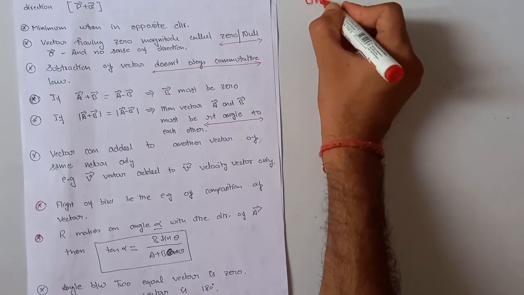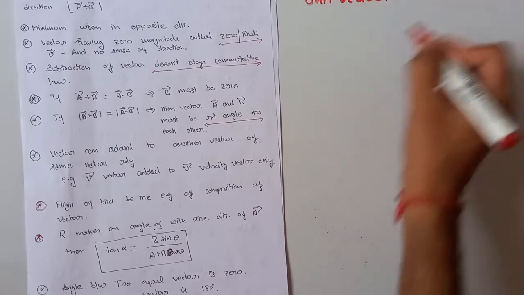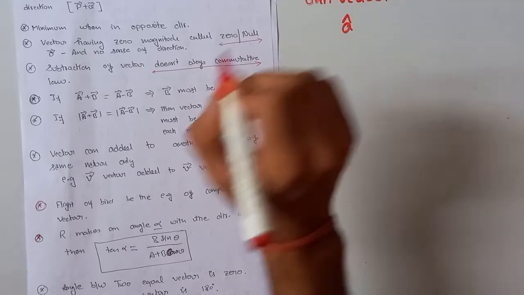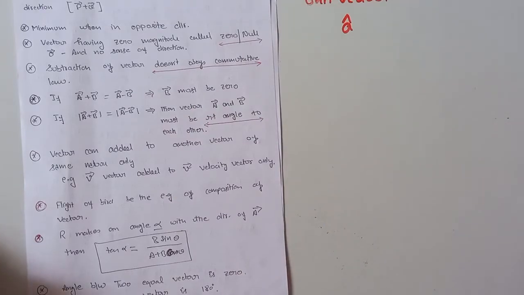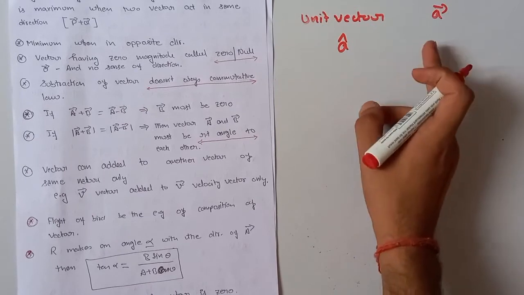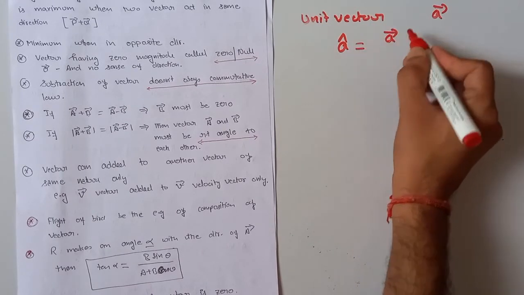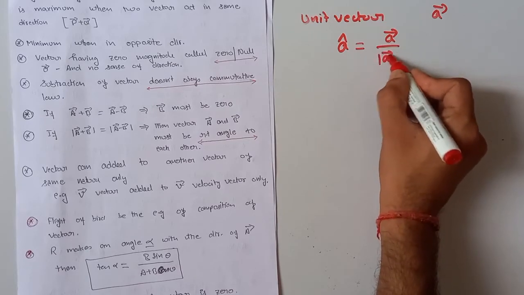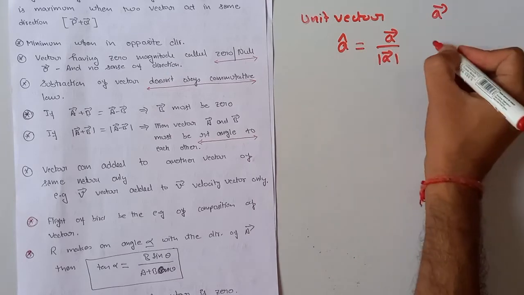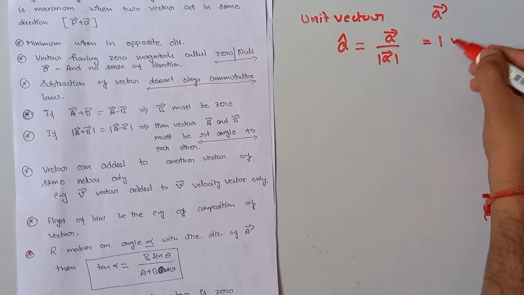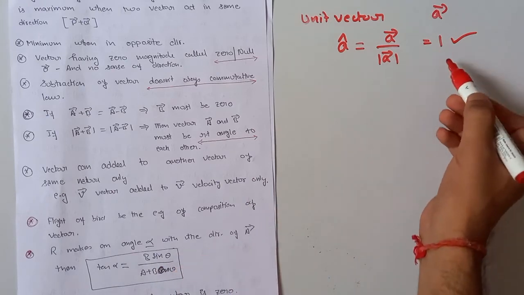Now we discuss the unit vector. Let A be any vector; then the unit vector is denoted by A cap. The unit vector of A is equal to vector A divided by the magnitude of A, and the magnitude of a unit vector of any vector is always equal to 1.